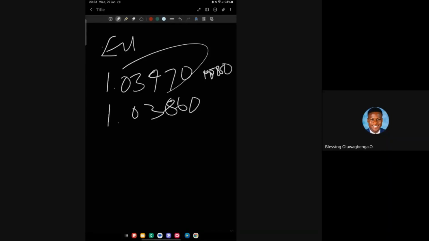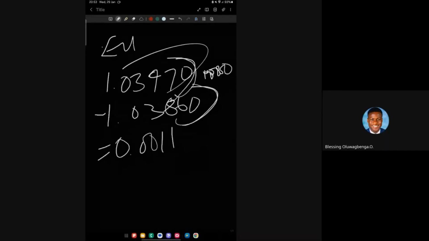So when we subtract, we subtract the lower value from the higher value. Let me use my calculator. We'll have 0.0011.